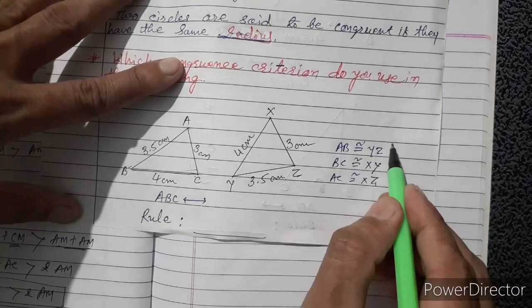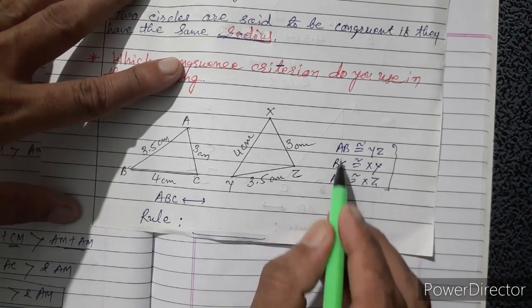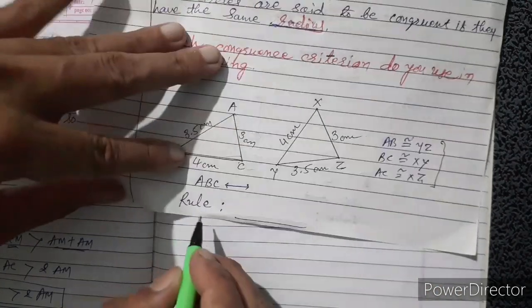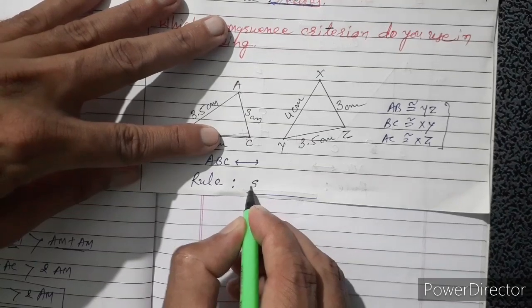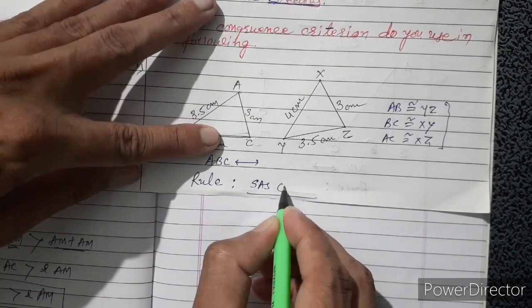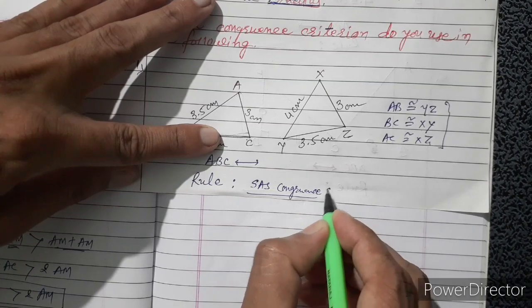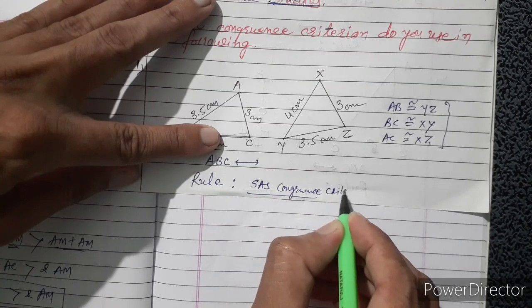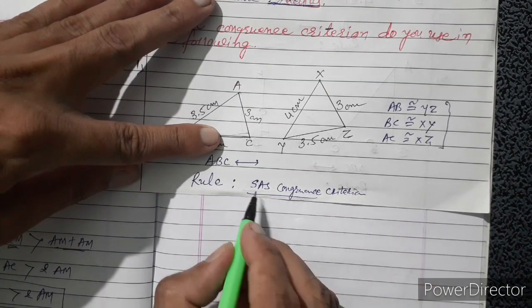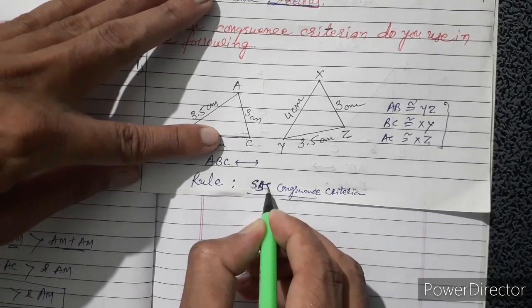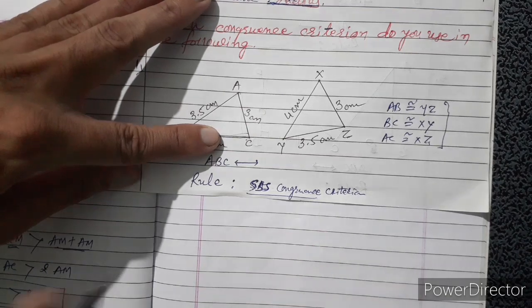So here, the measurements of the three corresponding sides are congruent. So the rule is SAS congruence criterion. Otherwise SSS, it's my mistake, SSS congruence criterion.